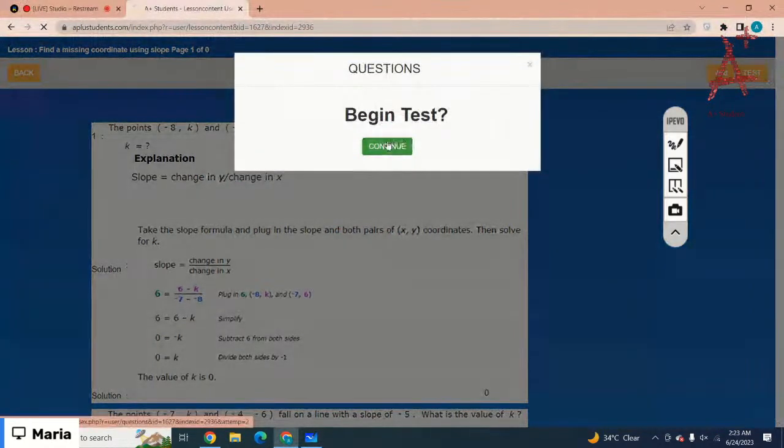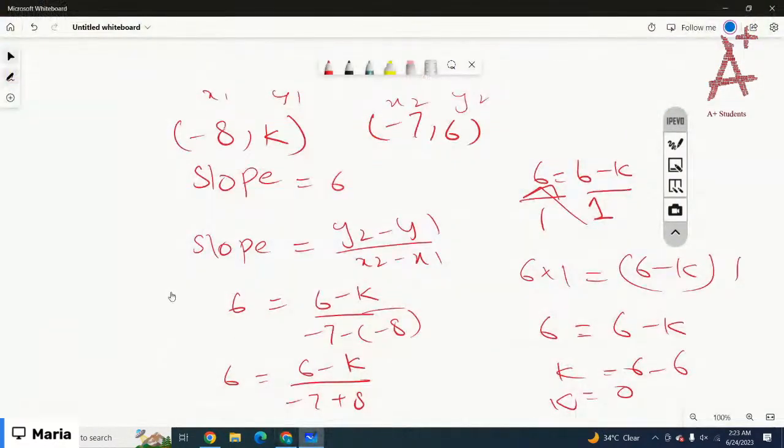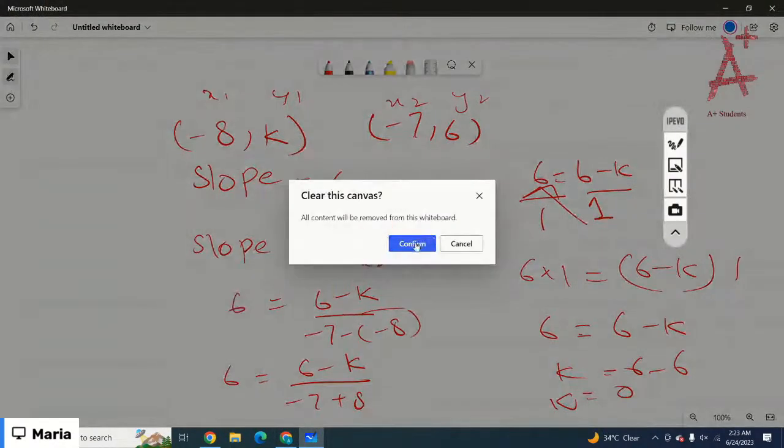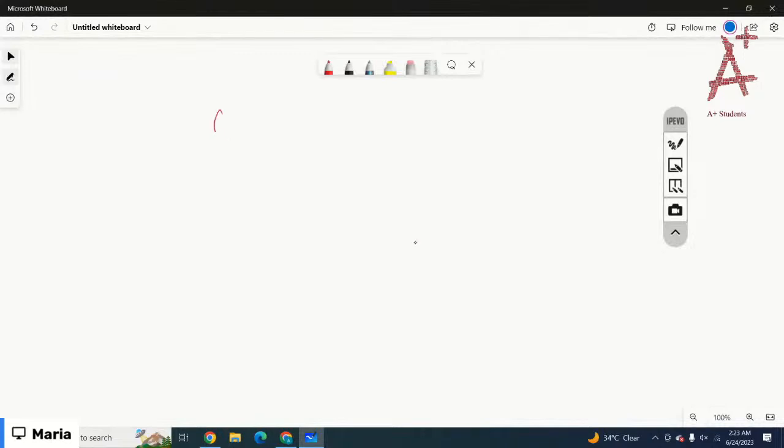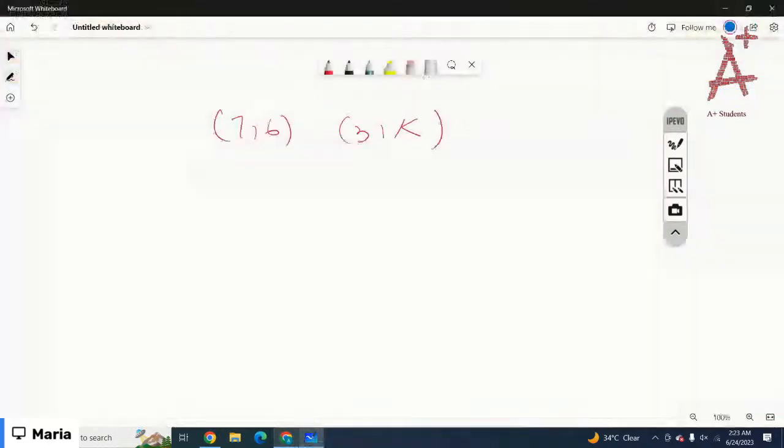Let's just start with the practice questions. Okay, our line has a slope of 1 and includes the points 7, 6 and 3, k. What is the value of k? And the slope is 1.